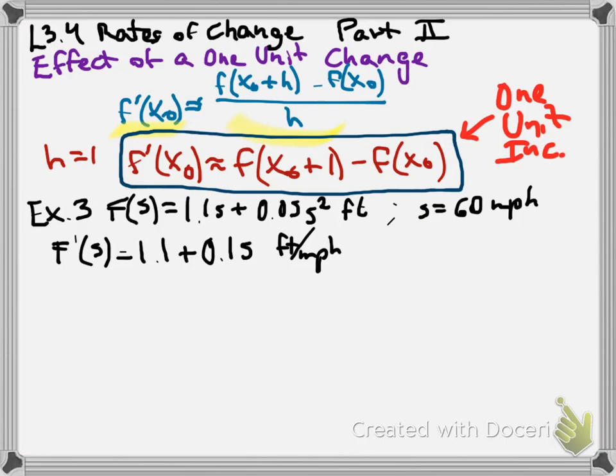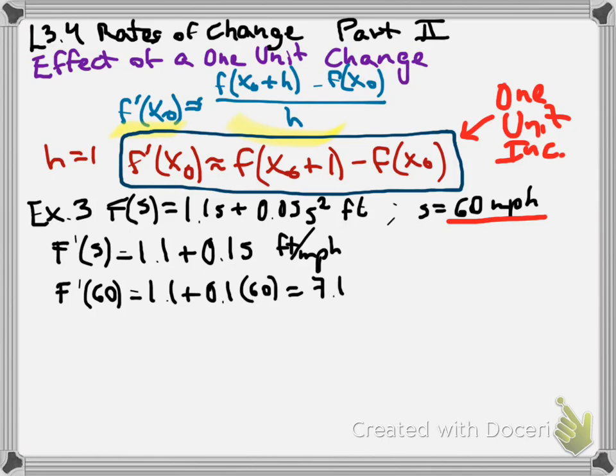Once we have that one, my x initial was the 60 miles per hour. So f prime of 60 will be 1.1 plus 0.1 times 60, which equals 7.1 feet per miles per hour, and that's my first answer.